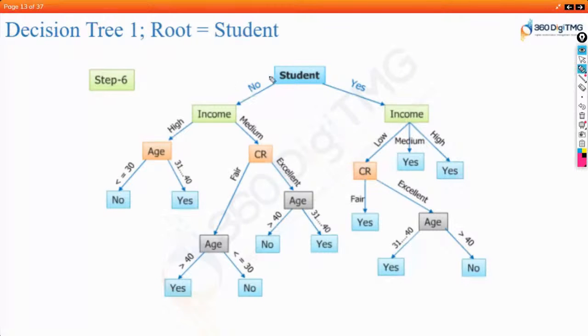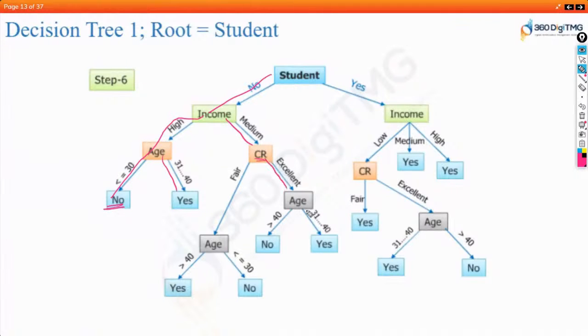And then using this decision tree that we have generated, we create the rules. If the customer is not a student and if his income is high, but if his age is less than or equal to 30, then he is not going to purchase the computer. But if his age is falling between 31 to 40, then he is going to purchase the computer. But if this customer's income is medium, then we have to look at credit rating score.